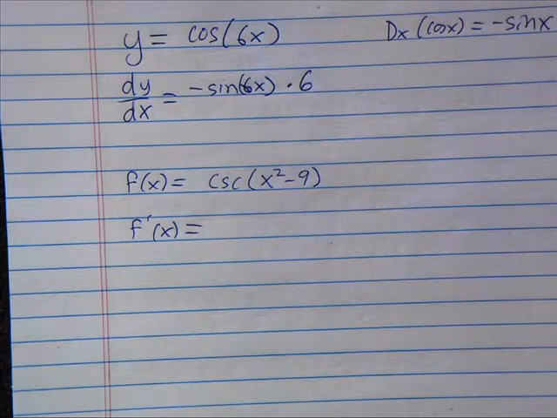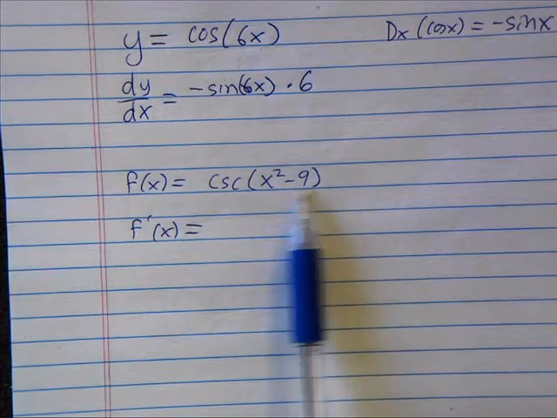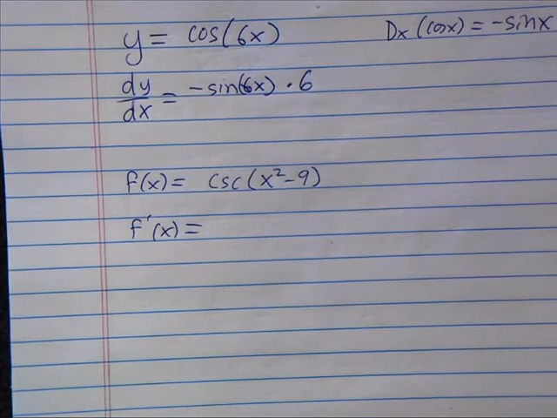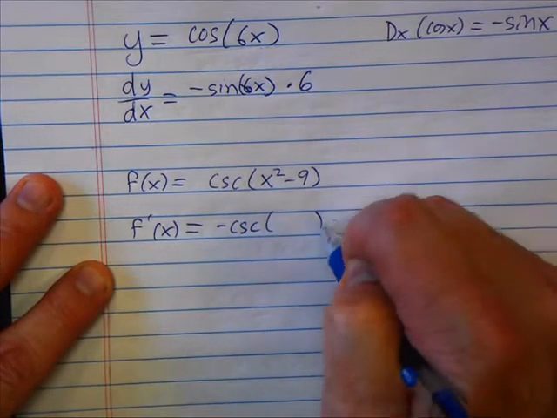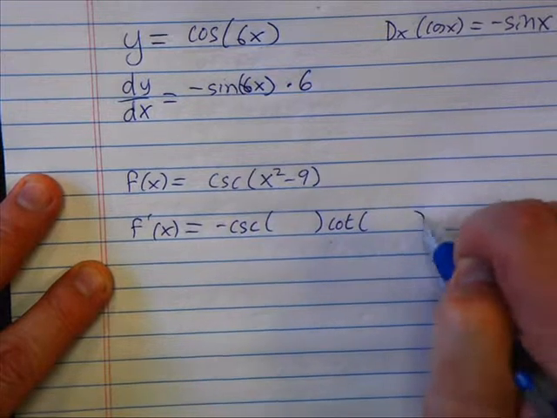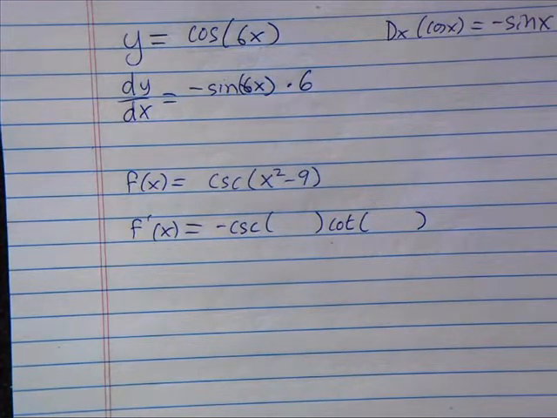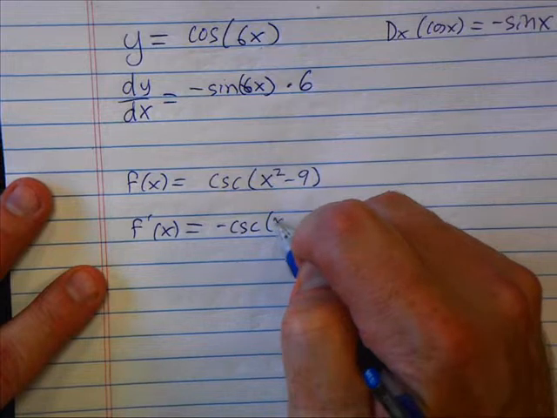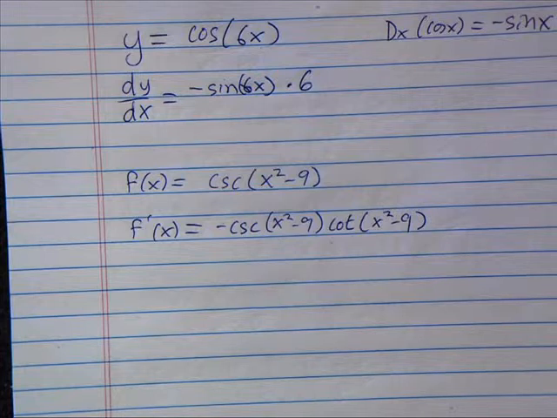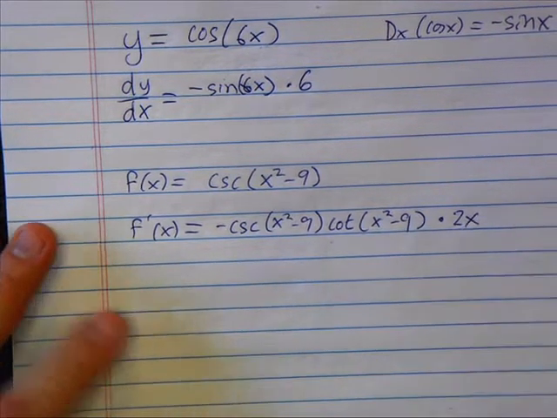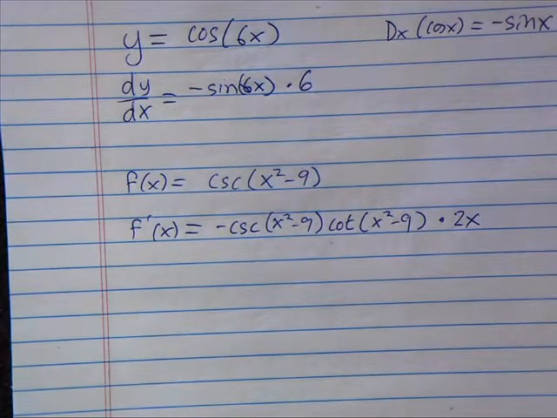The derivative of cosecant is negative cosecant cotangent. However, I don't just have x right here. I have x squared minus 9. So what's going to happen? I'm going to have negative cosecant cotangent, but what goes in the brackets? X squared minus 9. But I'm not done. Multiply by the derivative of the inside. Multiply by 2x. Questions on that one?